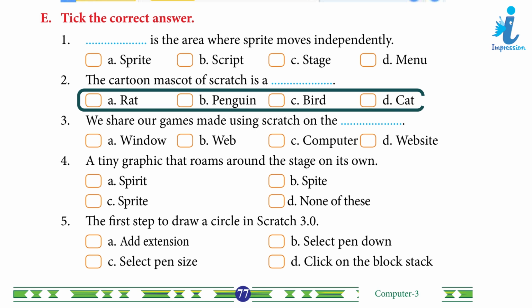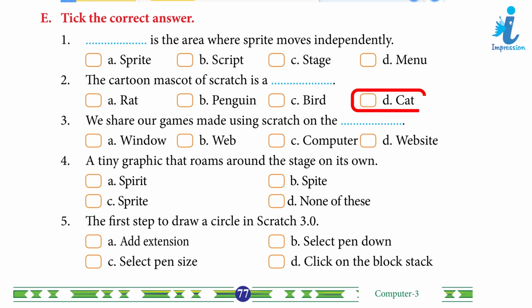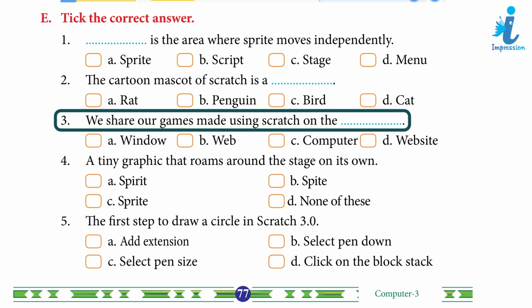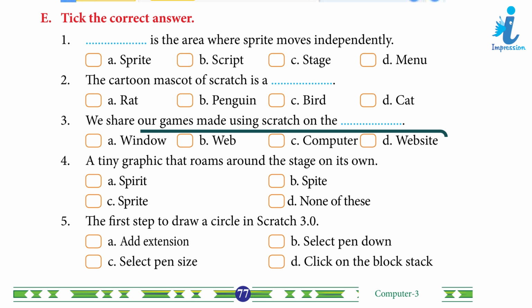A. Rat. B. Penguin. C. Bird. D. Cat. Answer D. Cat. 3. We share our games made using Scratch on the dash. A. Window. B. Web. C. Computer. D. Website. Answer B. Web.